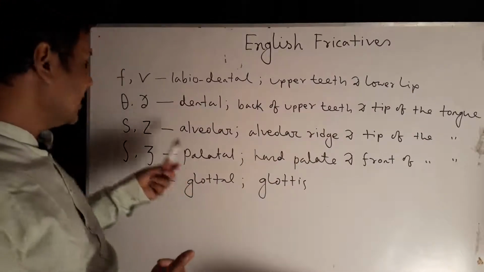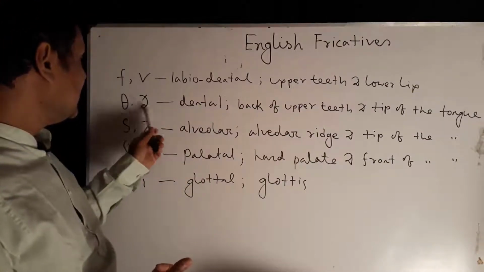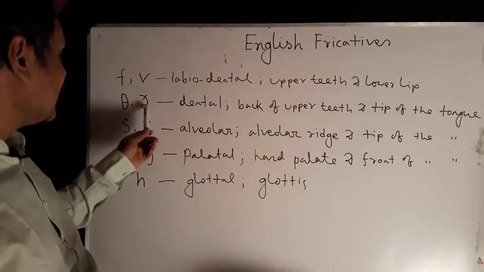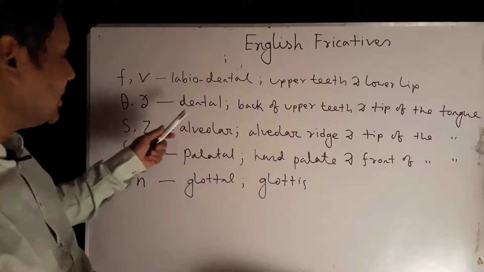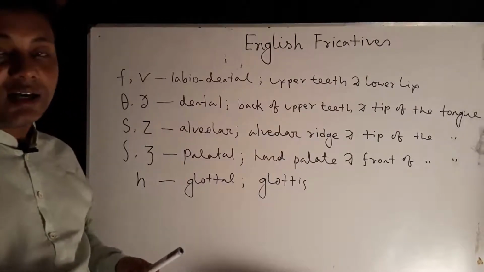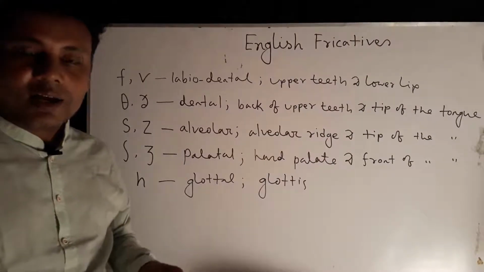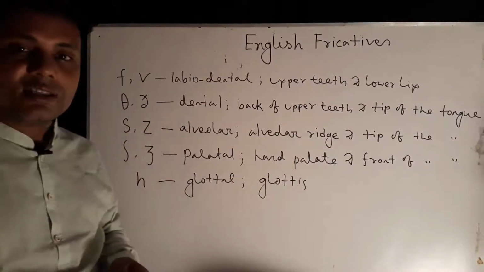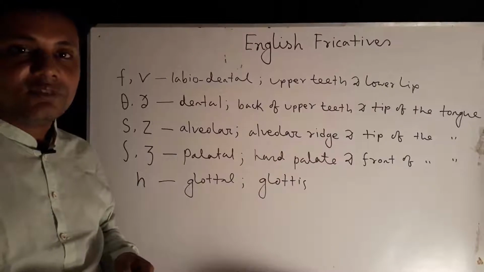But English tha and dha are different from Bangla tha and dha. Bangla tha and dha are plosives. On the other hand, English tha and dha are fricatives.